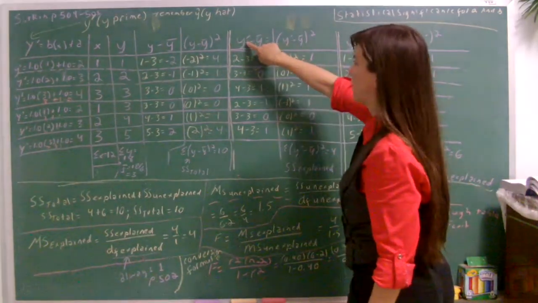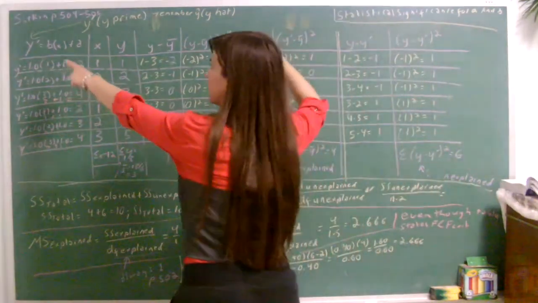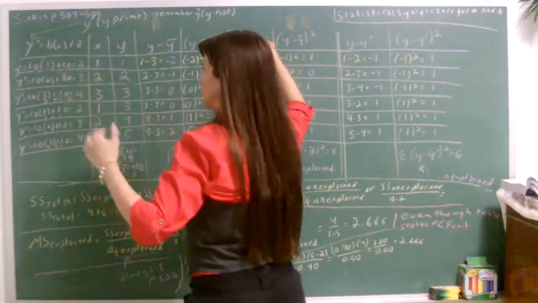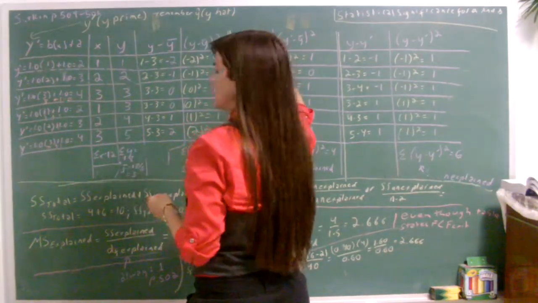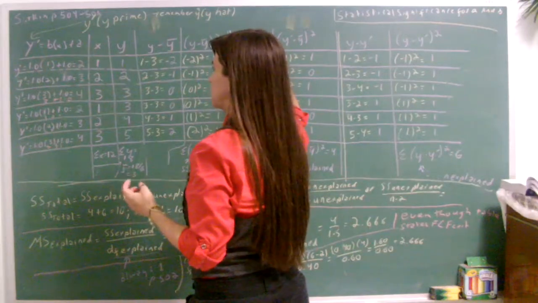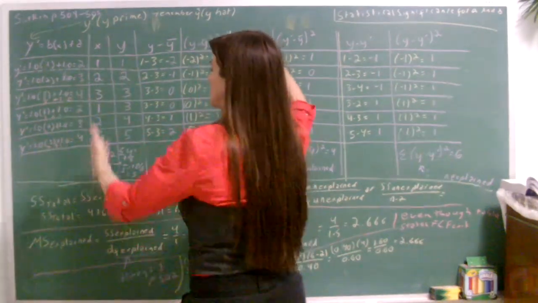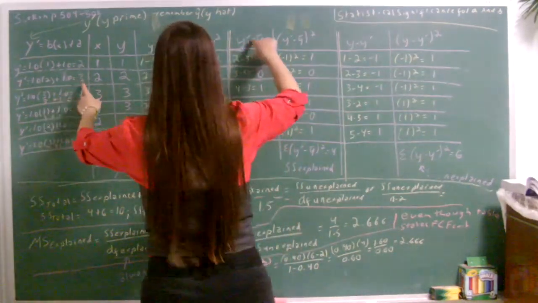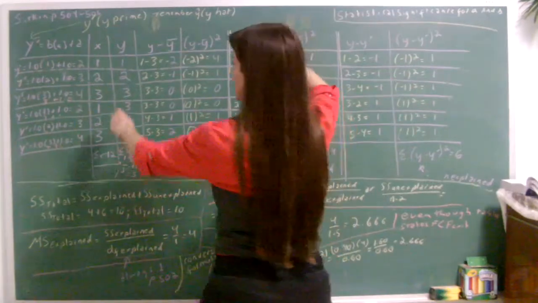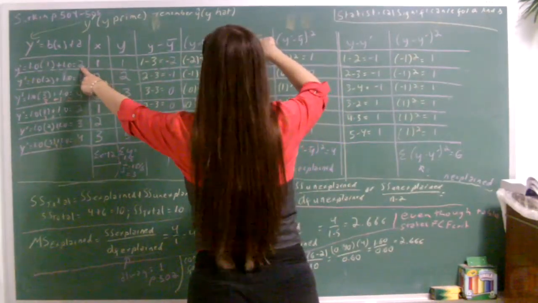This is your y prime. Remember, we did the y prime in a previous video because we figured out our a and our b, and I did the y prime at the same time. What that's figuring is similar to the y hat, your expected y based on an x, by knowing your a and your b. So for this one, the y prime, for the first one you're working across, remember, 2.